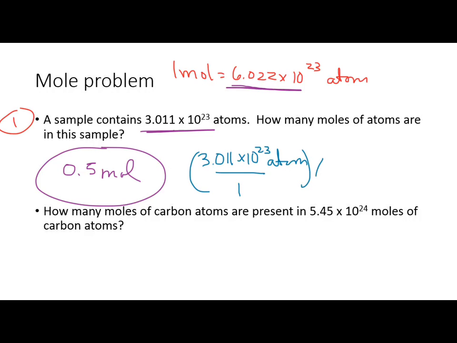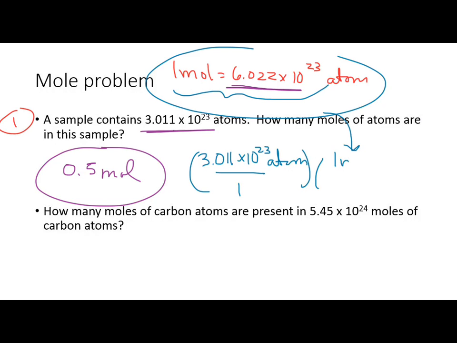It's just how I work these sort of problems. And then I would use this equals statement up there, and I would bring it down, and I would recognize that there is 1 mole. I'll put 1 mole in the top over 6.022 times 10 to the 23rd atoms. That's the definition of a mole.